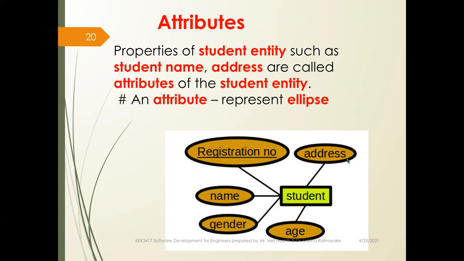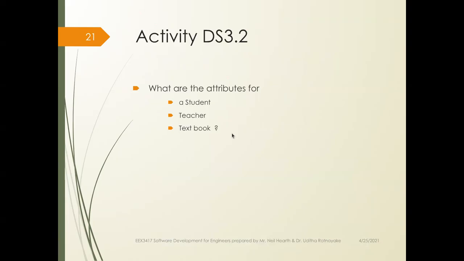Here you draw this within an ellipse, and the other attributes, name, gender, age. An entity you draw within a rectangle box. You can think about what the attributes are for a student, teacher, textbook, etc.